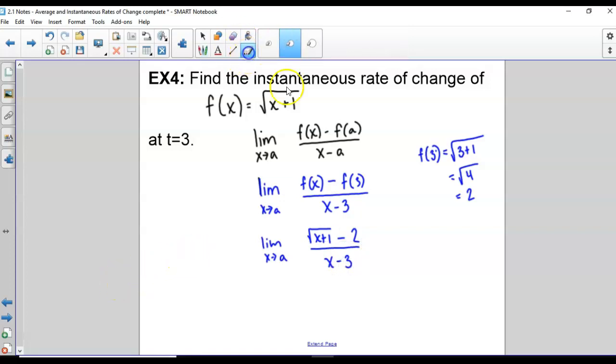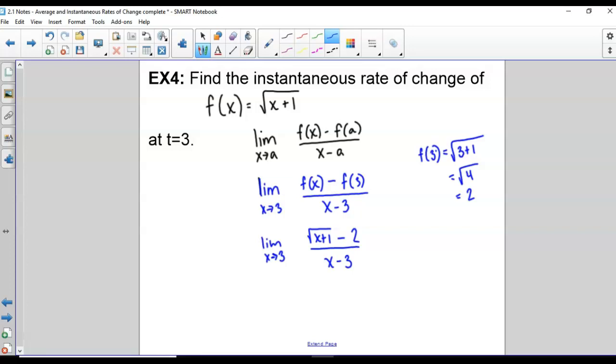I failed to replace my a with a 3 here. If I plugged in 3 right now, I'd get 0 over 0, so I cannot solve this just by direct substitution.